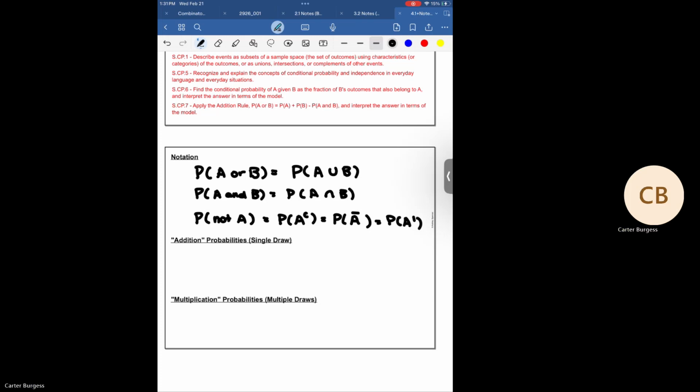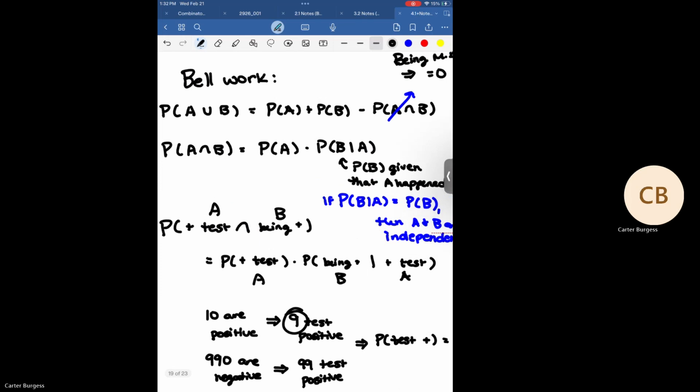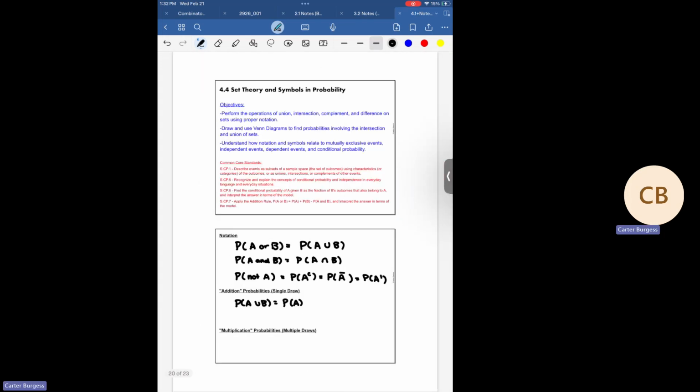What is our addition rule? What do we do when we want to find the probability of A or B? Minus the intersection.